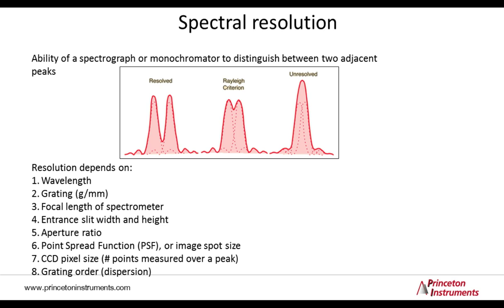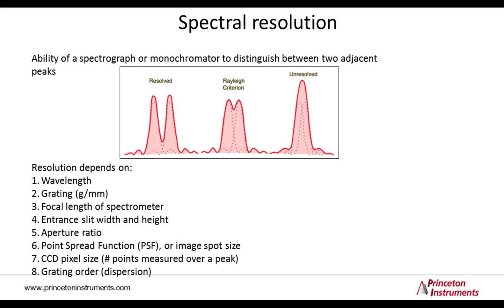Typically the spectral resolution changes with the wavelength observed. It changes with the groove density of the grating that's being used. Higher groove densities have higher dispersion and typically give you higher resolution. A higher focal length spectrograph has higher resolution. The entrance slit's width and height can change the resolution.